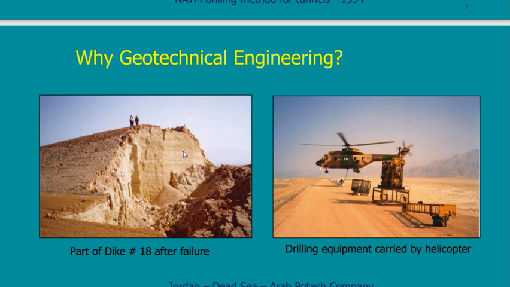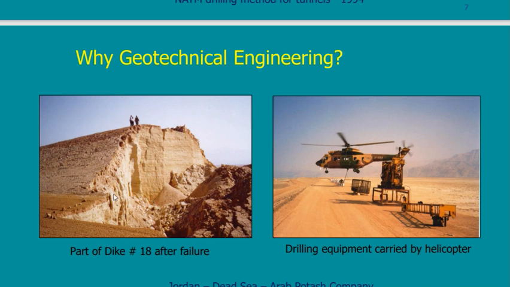A dike is like a small dam, just something to surround the water so that it would not go back to the Dead Sea. I leave it for a while till it evaporates, and then I take the salt from it, the very highly concentrated salt.